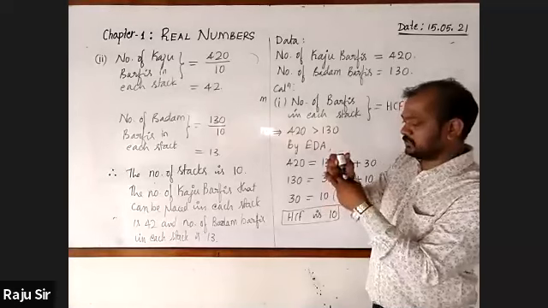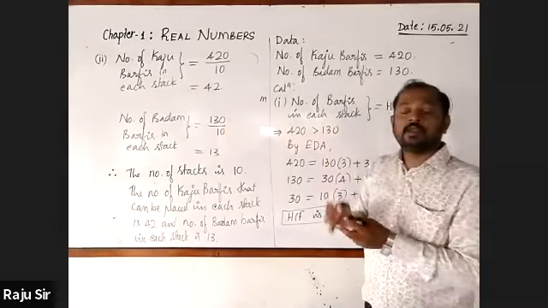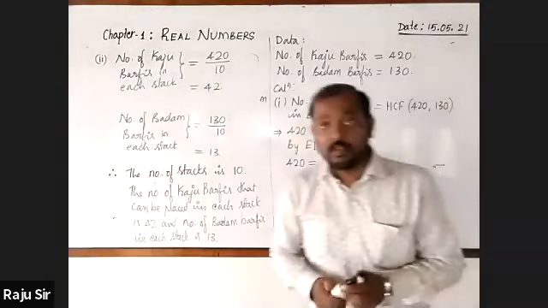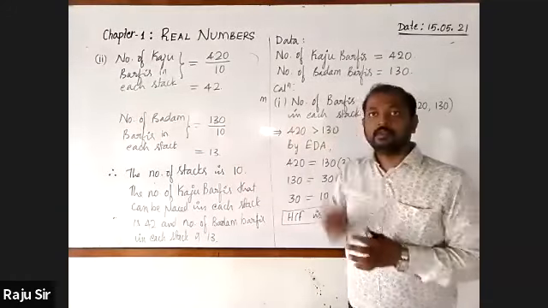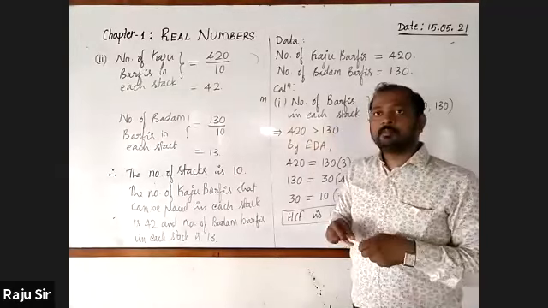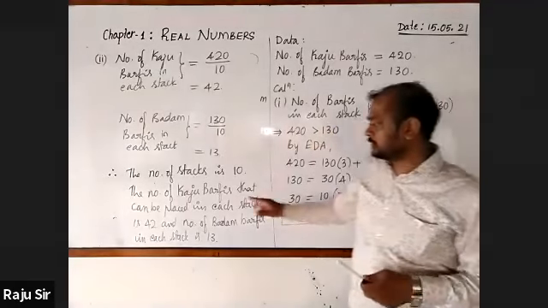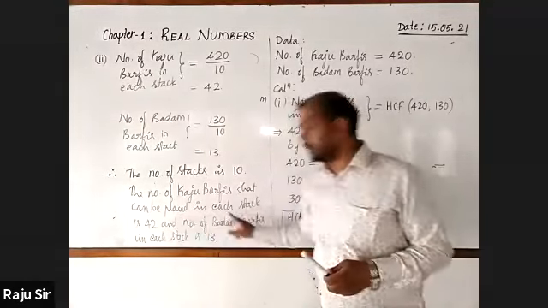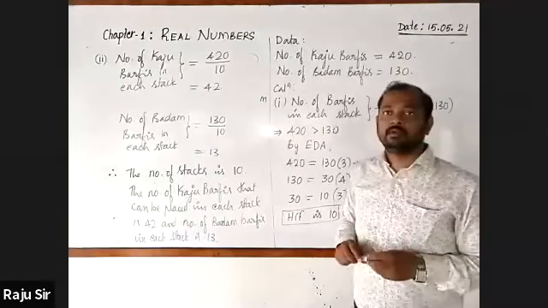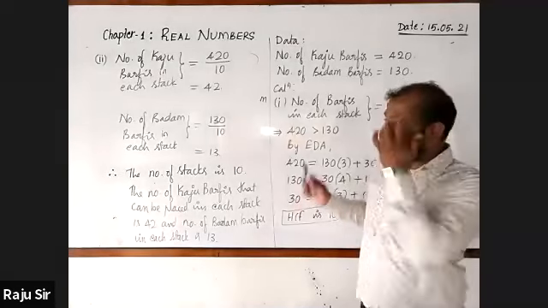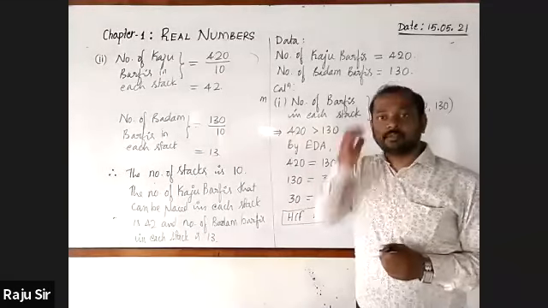Number of stacks, number of arrangements, number of packs, number of boxes, it is 10. The number of kaju burfees in each box is 42 and badam burfees in the same box is 13. Hope that you have written. These are the worked examples that they have given.